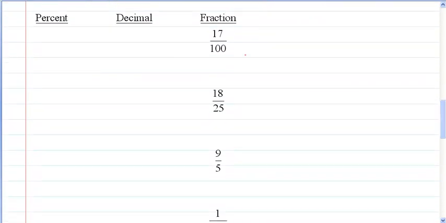And for the last group, we're given the fraction, and we want to write this as a percent and then a decimal. So to write this as a percent, I set this equal to x over 100. And I cross multiply to get 100x equals 1700.